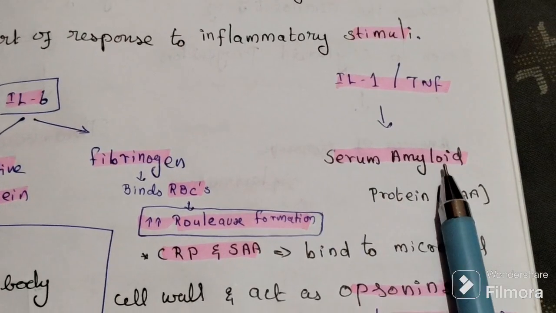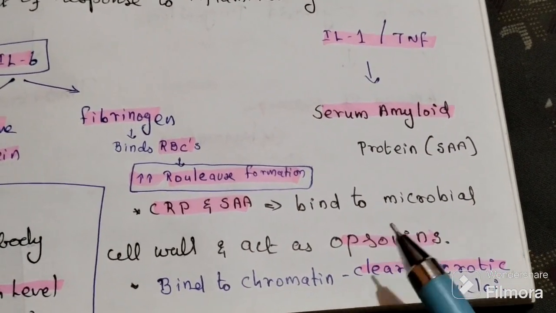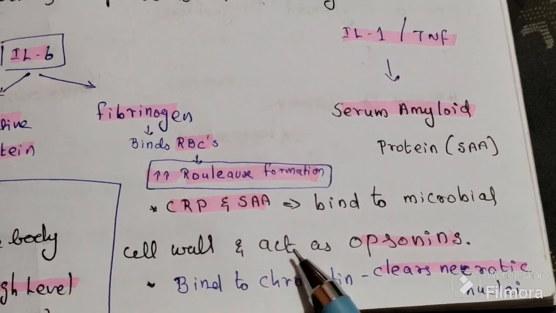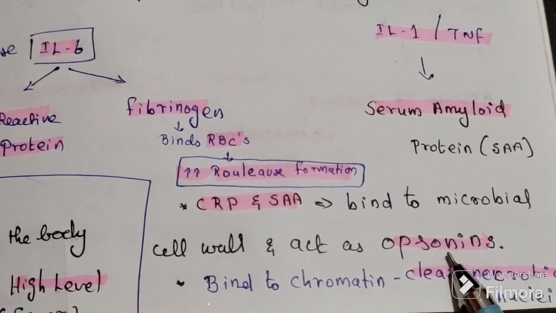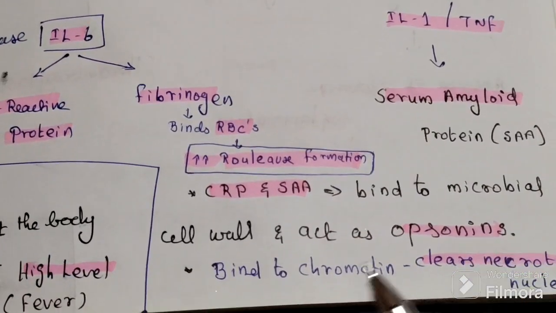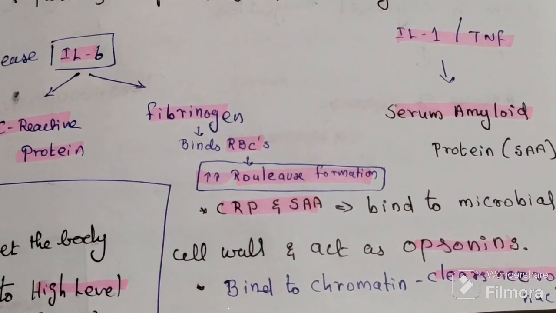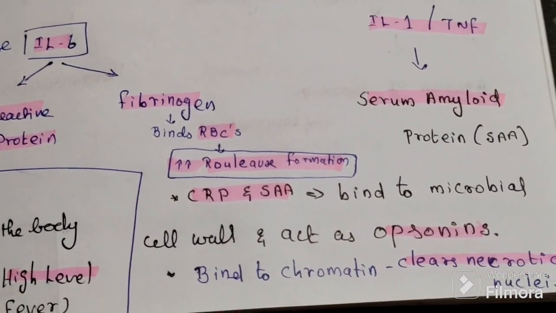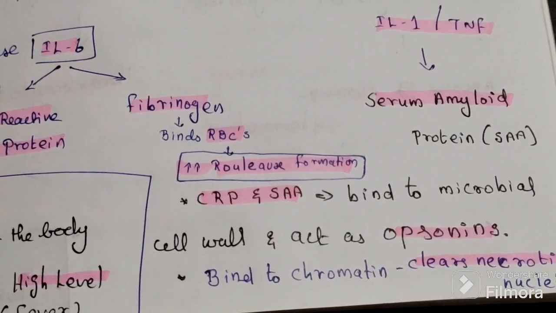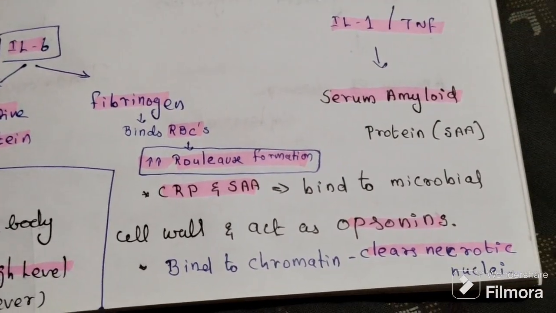CRP and serum amyloid protein both have similar function: bind to microbial cell wall and act as opsonins, helping the phagocytosis process, and bind to chromatin, helping clear dead necrotic cells.